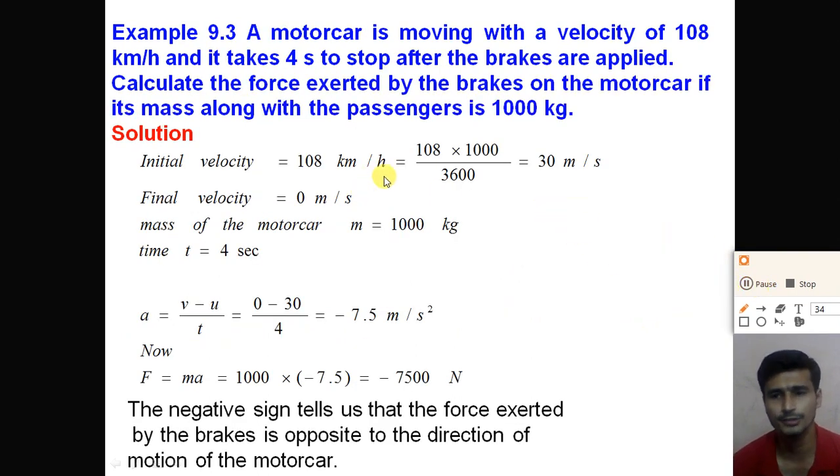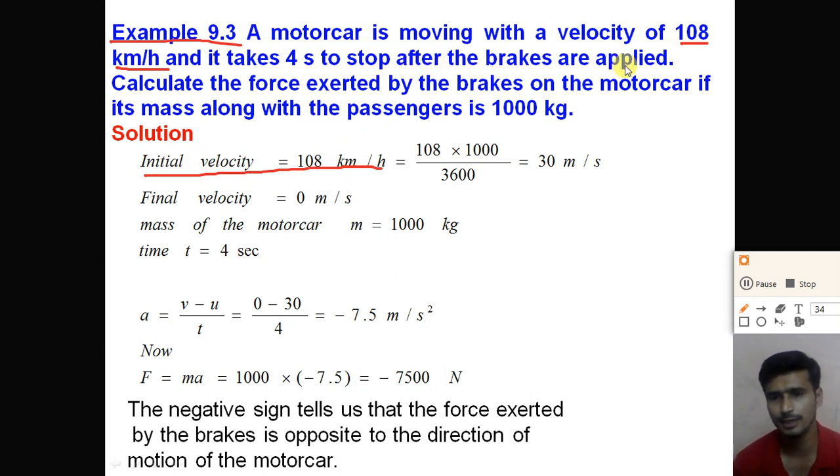So now dear student, example number 9.3. A motor car is moving with a velocity of 108 km per hour. So the initial velocity of the motor car is 108 km per hour. It takes 4 seconds to stop after the brakes are applied.